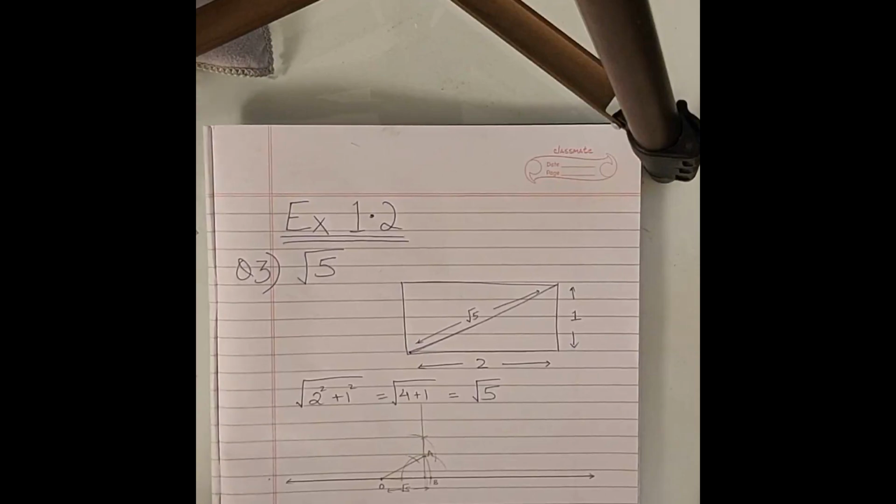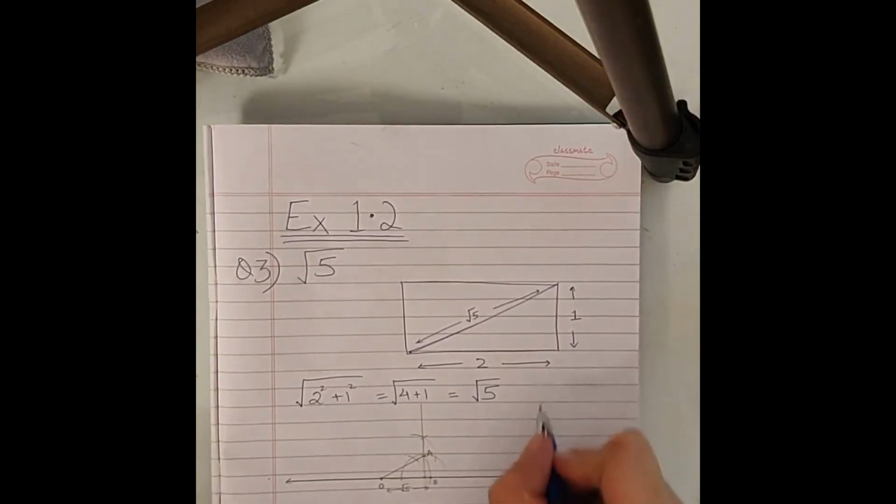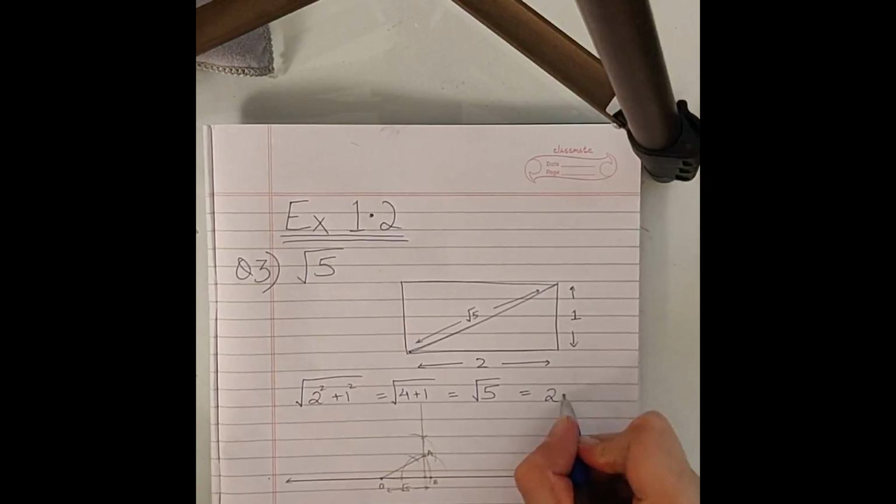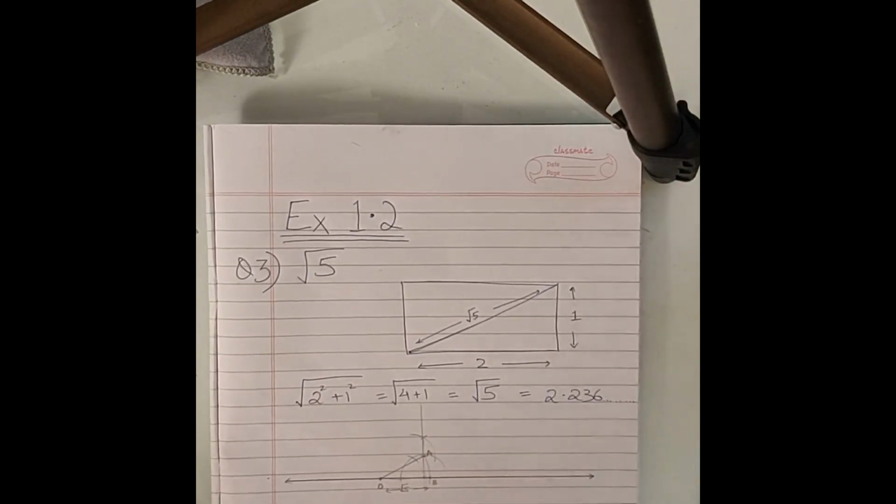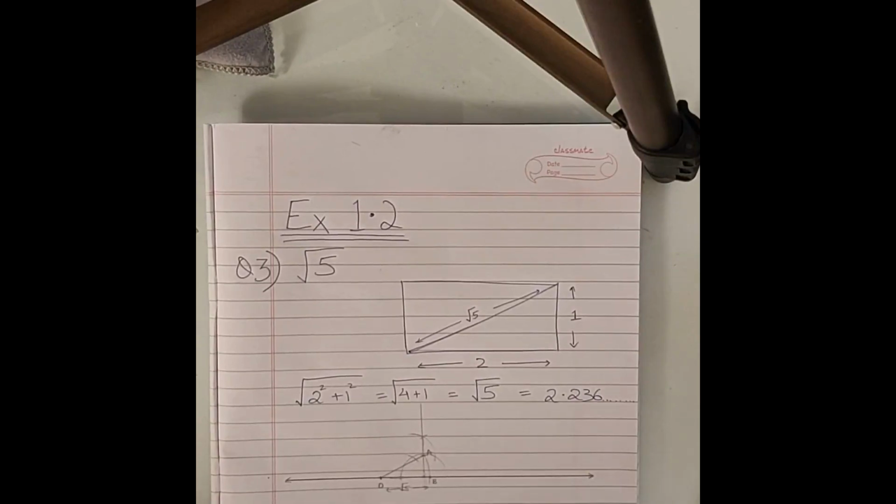We know the value of root 5 to be 2.236 till its third decimal place, and then it's a non-terminating sequence. So this validates our construction of OB being root 5, and that's how you represent it on the number line.